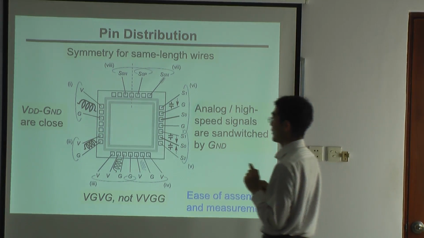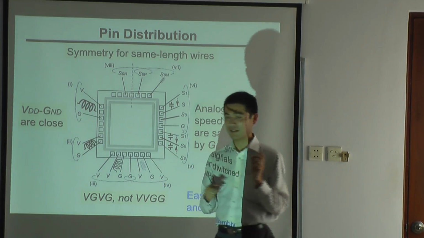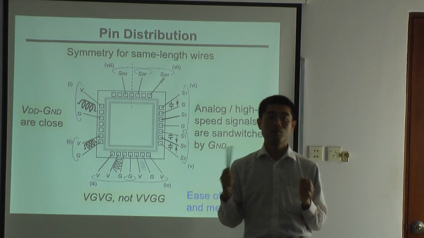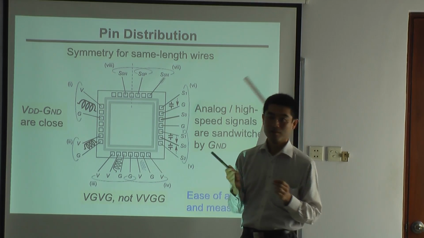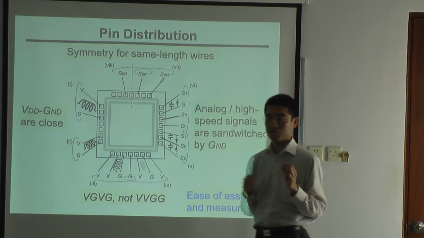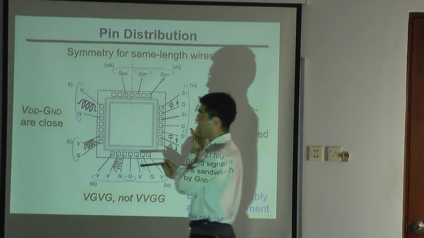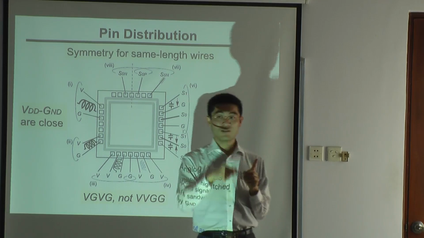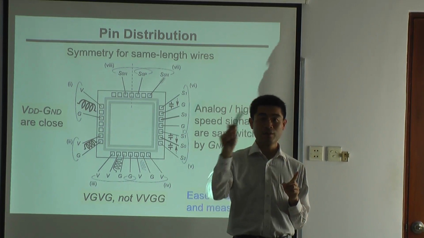And actually, I told you that the 1 millimeter wire has 1 nanohenry, but this is just an approximation. The inductance is decided by the current loop area.